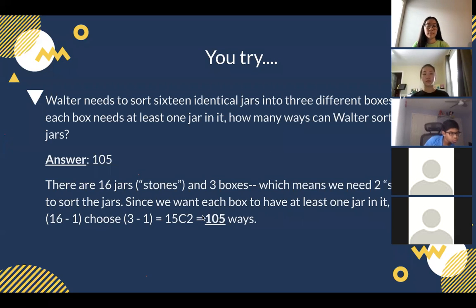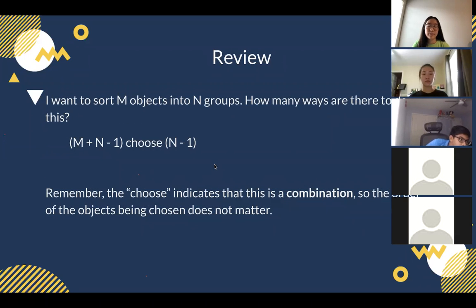Okay, review. To review, you're going to try to sort M objects into N groups. So how many ways are there to do this? Well, if you're dividing something into N groups, you're going to need N minus 1 dividers. So that's why the N minus 1 is there. If you're doing 3 groups, you need 2 sticks. For the first part, we're trying to find the total number of objects.